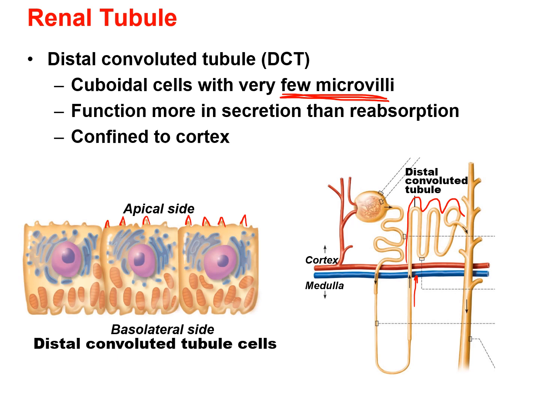So proximal convoluted tubule with the really dense microvilli, reabsorption is super important. Secretion is also occurring. And then if you look at your distal convoluted tubule with their sparse microvilli, it's going to be more involved in secretion than reabsorption. Just like your proximal convoluted tubule, your distal convoluted tubule is going to be located just in your cortex.